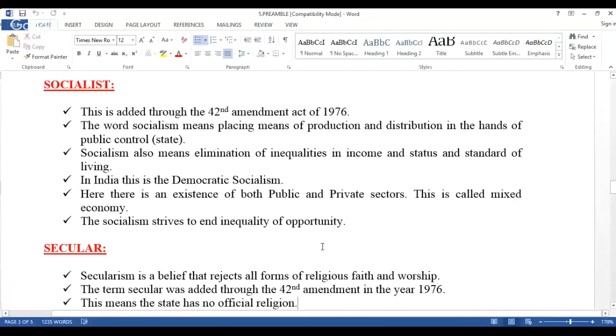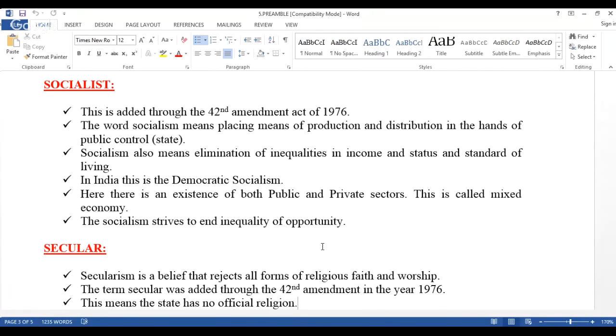Look at this. So the word socialism means placing the means of production and distribution in the hands of the public control. Public control means government control. Socialism also means elimination of inequalities. How will the inequalities be eliminated?